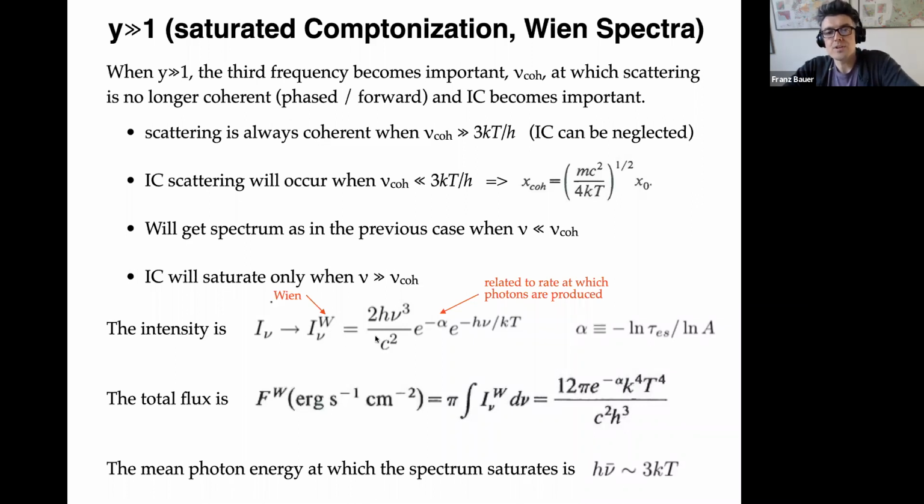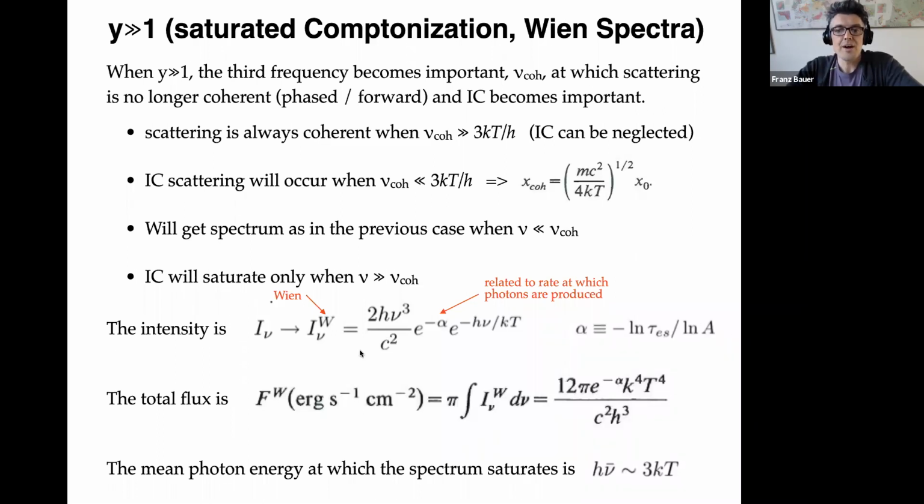It will look like this thing and this thing, which is our classic black body. We have this extra factor here, which is this exponential. This is related to the rate at which photons are being produced and upscattered, right? Recall our factors here are tau and our amplification factor.